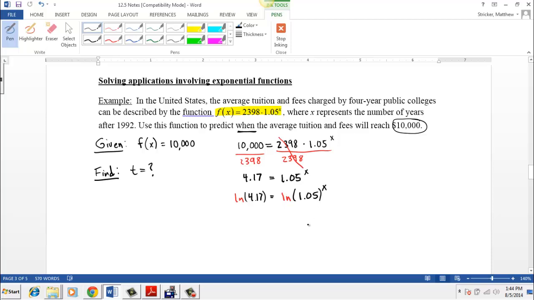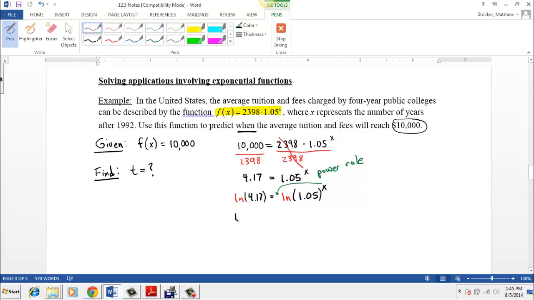And now this doesn't have base e, so the ln doesn't cancel over here, but we can remember to use what rule? We can use the power rule. Don't forget about that. I know all these things keep on happening over and over again. You got to remember these few important tricks.